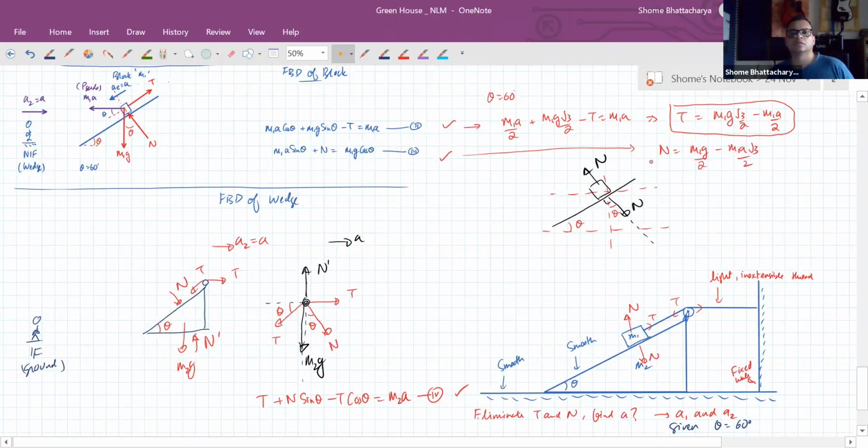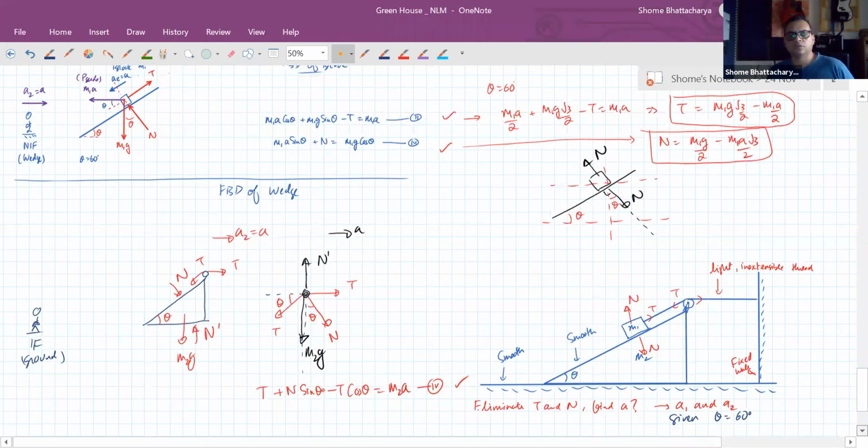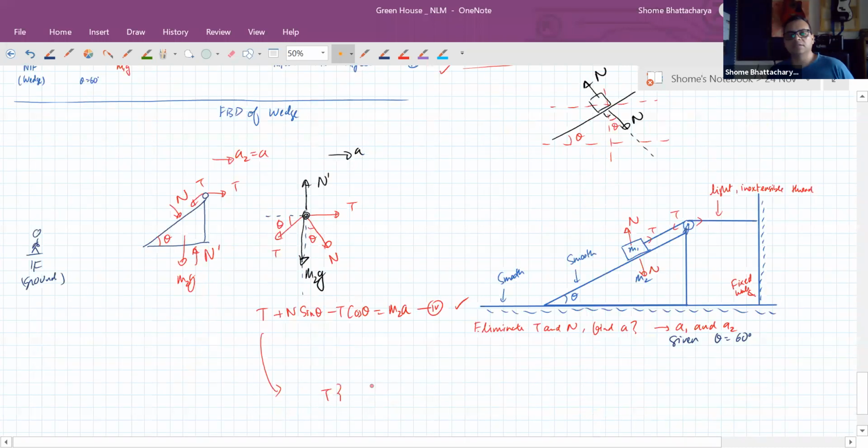So these two can be substituted in the fourth equation. And finally, you can also substitute the fact that m2 is equal to 3 times m1, which was given to you in the question. So this will become T into 1 minus cos theta plus N sin theta is equal to m2a. Now remember, m2 was given to us as 3 times m1.